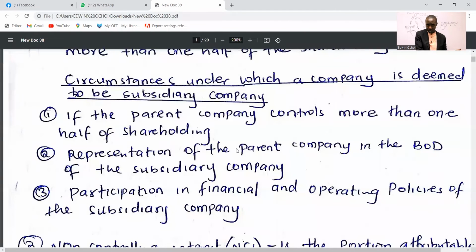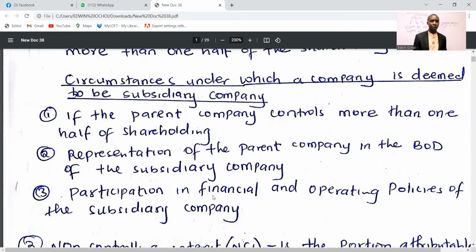We look at the percentage, that is the aspect of 50 plus 1. We look at the parent being represented on the board. We look at whether the parent is participating in the financial and operating policies of that other company; then we consider that other company to be a subsidiary.